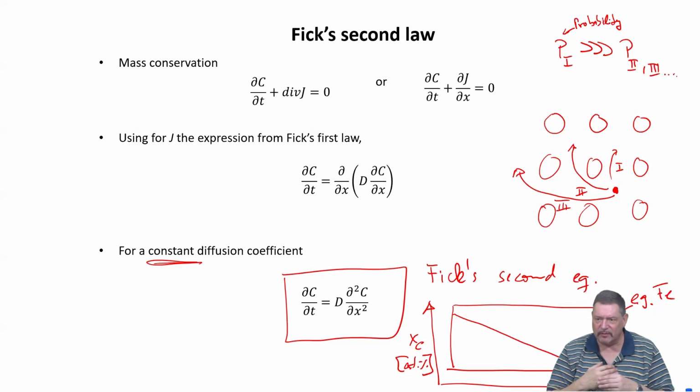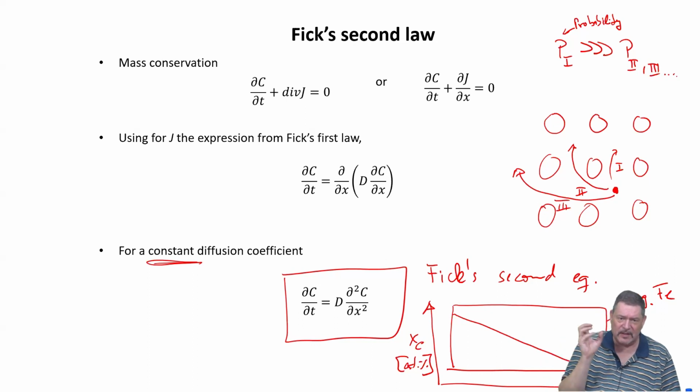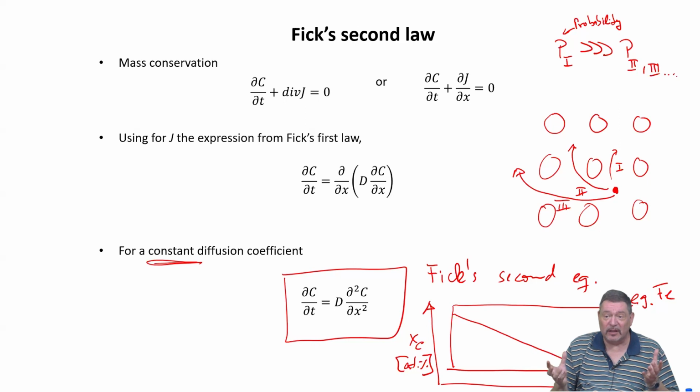And this gives us these equations. This is why these correlation factors come into play, because they just tell you how many next neighbor sites there are. This will depend on the crystallography of the lattice.